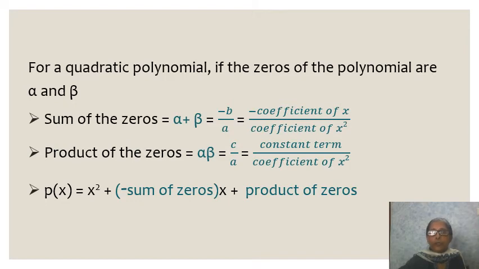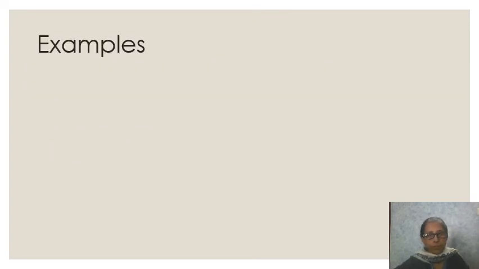We are going to use this formula to find the polynomial when zeros are given. Sum of the zeros and products are given for finding the polynomial. Is that clear? So, learn this. P of x is equal to x square plus minus sum of zeros into x plus product of zeros. Is that clear?